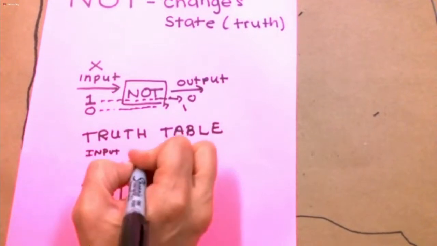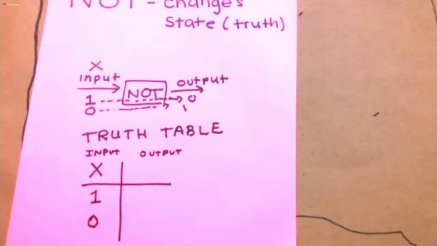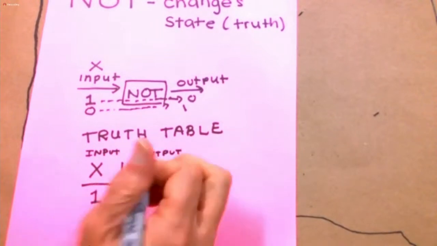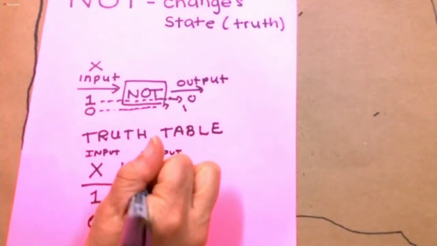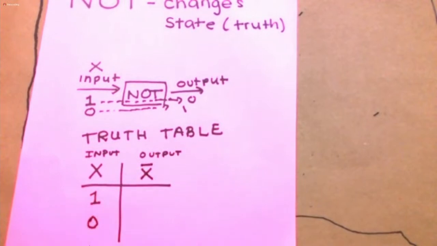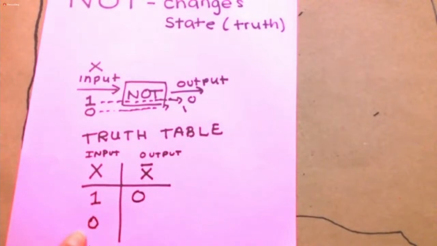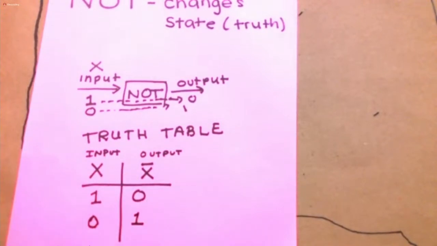And then I have an output column on this truth table. And usually that output column is represented with a logical symbol. For not, it's a little dash on top of the X. So for the input 1, if I apply the not operation, I get a 0. For the input 0, if I apply the not operation, I get a 1. And that's the truth table for that.